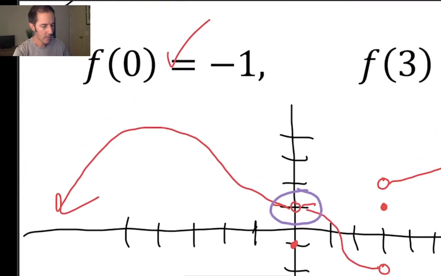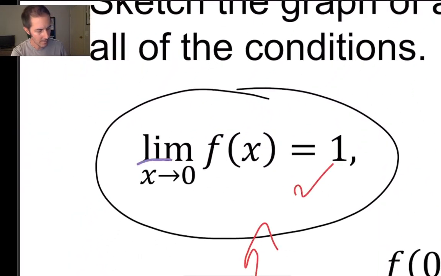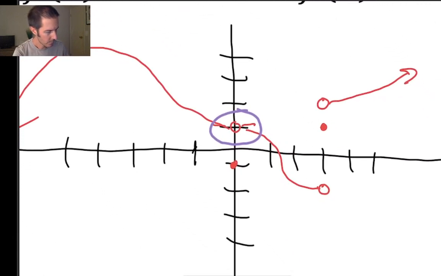We were told that by this limit, and because this limit is not a one-sided limit, and because it exists, that means that the limit as we approach from the left and from the right must be approaching a point with a y value of 1 as we get close to an x coordinate of 0. So that's how I knew to draw this part of the curve coming out of here and a curve coming out of the other side of that hole.